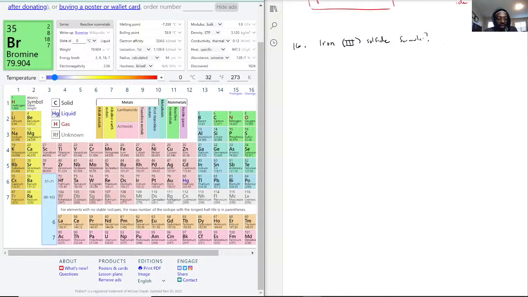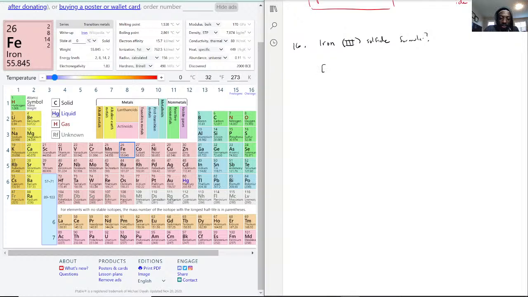It's because if you look at the periodic table, figuring out iron's valence electrons can be very tricky. If you wanted to draw its electron configuration, you start at argon, and you would have the whole 4s2 and then 3d 1 2 3 4 5 6.